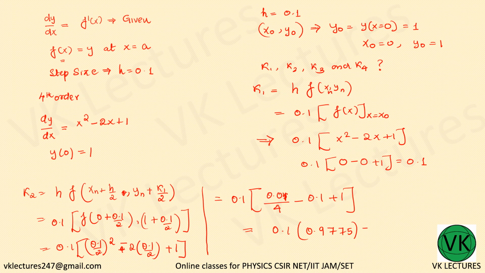That will be equal to 0.09775. So this becomes k2. Earlier this was our k1, which is 0.1, and now we got k2, which is nearer to the original value.